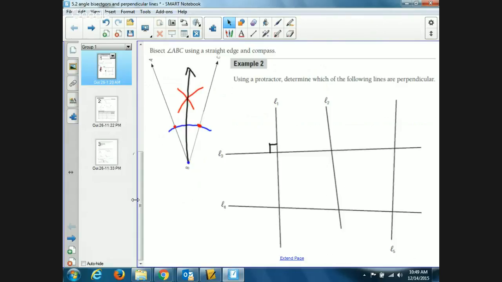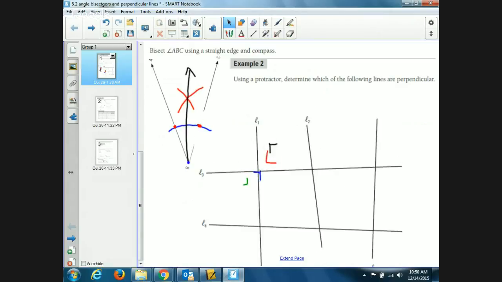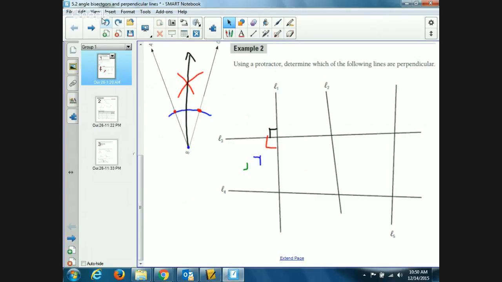If that one's perpendicular, to the right it should be perpendicular. It's also perpendicular here, and here. All the way around it should be perpendicular, because 90 degrees. Now you only need to indicate it once, but I just want to show you that.